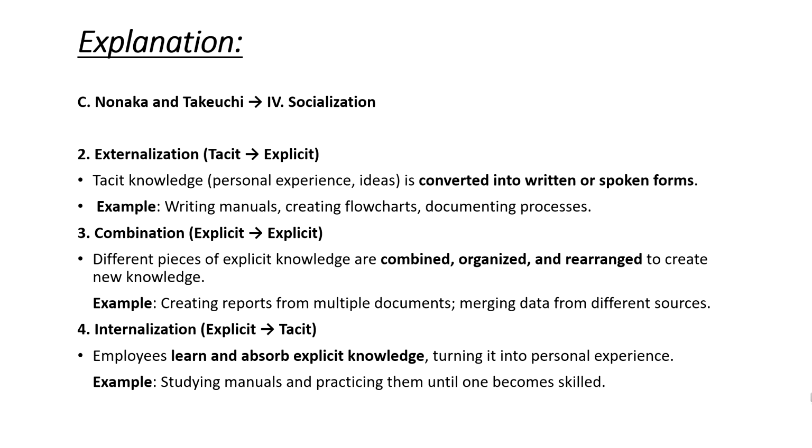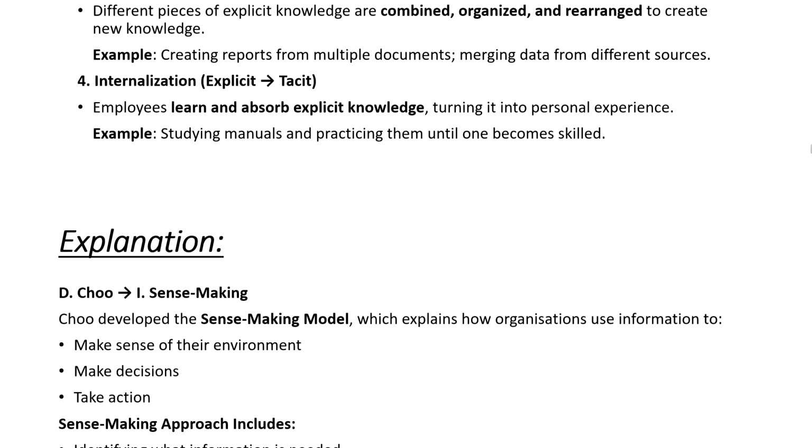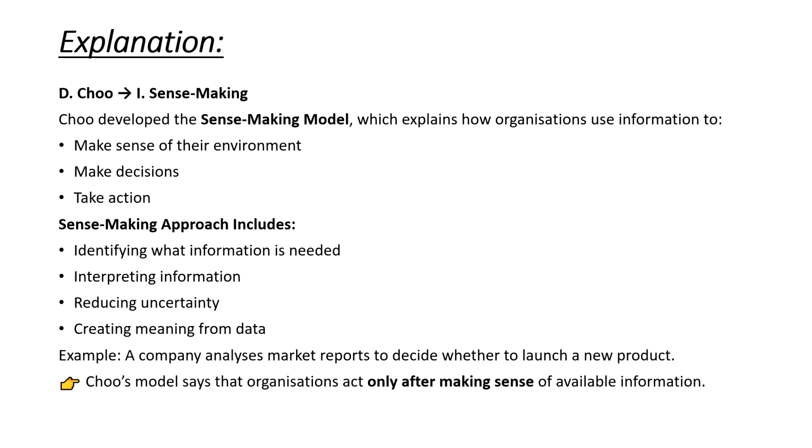Fourth part is internalization, where explicit knowledge is converted into tacit knowledge, which means employees learn and absorb explicit knowledge, turning it into personal experience. For example, studying manuals and practicing them until one becomes skilled. Last is Chu model.